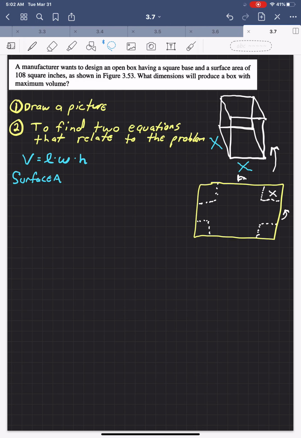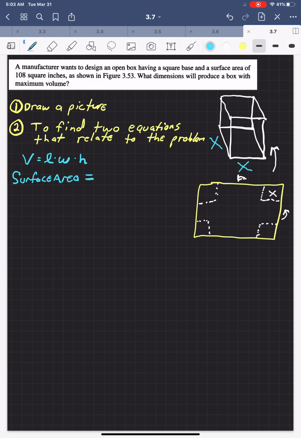The surface area. Well, instead of trying to find a formula for it, think about it. Volume is the question of how much goes in the box. Surface area is the question of how much wrapping paper goes over the box, if you will, right?